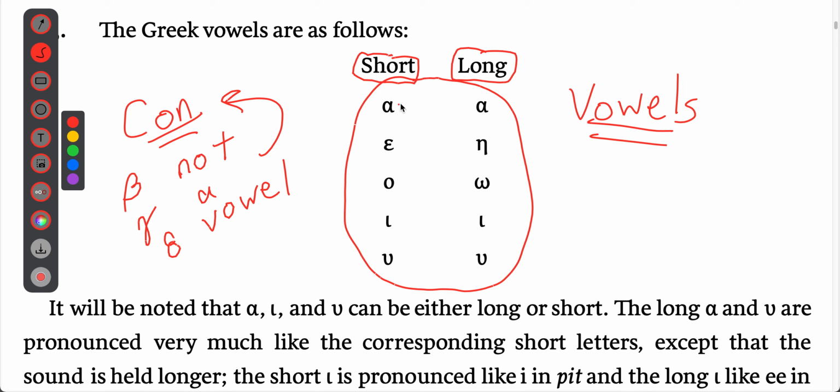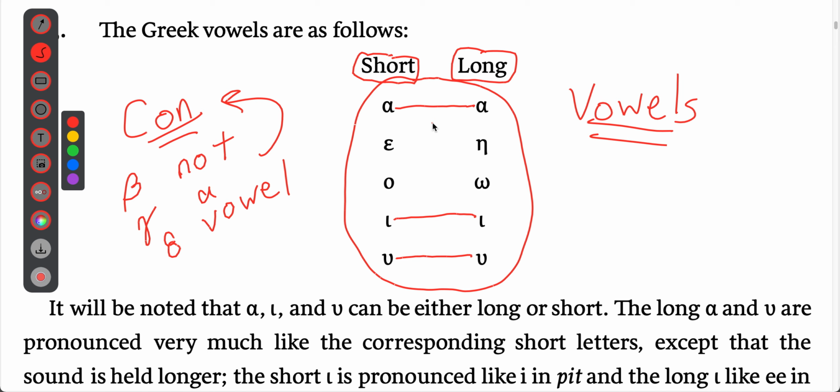Now what you notice is alpha is a short vowel, but it can also be a long vowel. Let's look down here. The iota can function as short or long. Upsilon can function short or long. So when we start seeing Greek words where we realize that these letters can look exactly the same, but they could be either short or long.